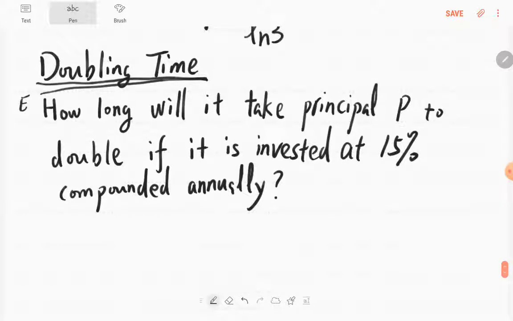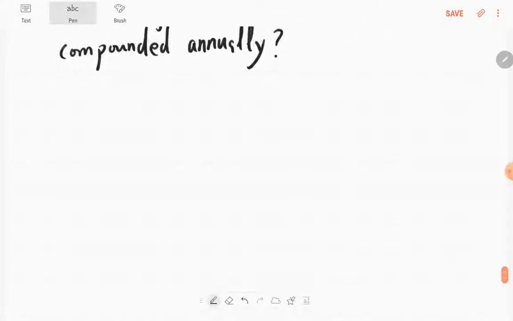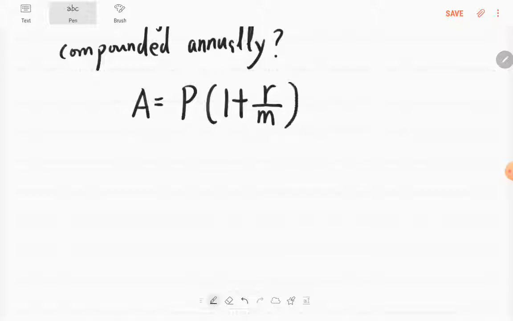Since this is compound interest, we want to use this formula: A is equal to P, the principal, times 1 plus r, the annual rate, over m, where m is how many times you compute the interest every year, raised to the power m times t.